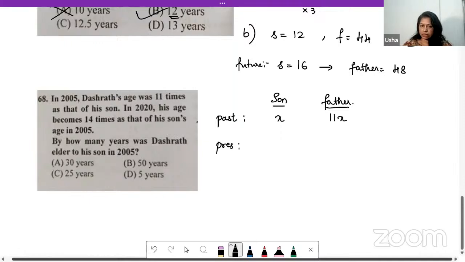Past to present age, the years that they have given. What is the difference between past and present? How many years difference have they considered here? Answer quickly. I'd like to have more interaction. Yes, what is the past and present difference? We're talking about 2005 and 2020. How many years difference is there?